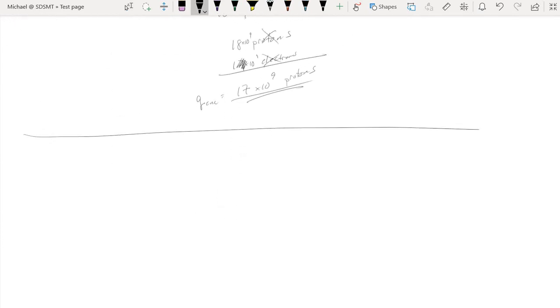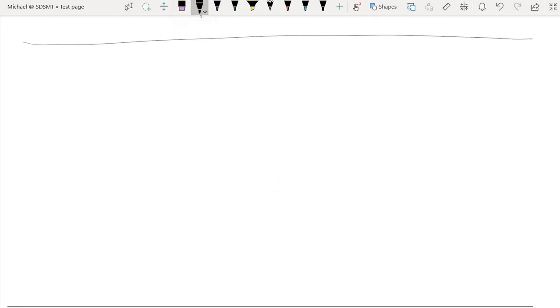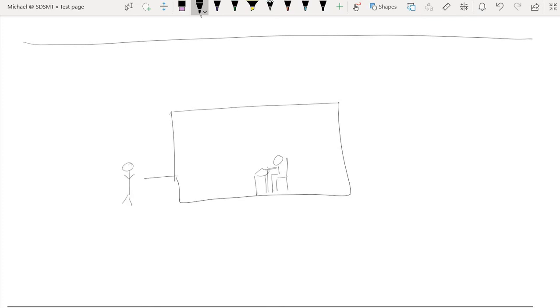Well, now let's try another approach to this use of Gauss's law. Let's say that you are sitting in your classroom, in your chair, sitting at your desk, waiting for your professor to come in. And your professor walks in the door carrying a box that has some charge in it.